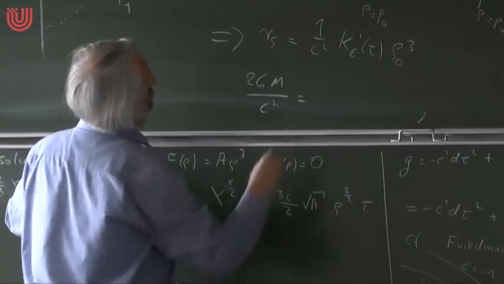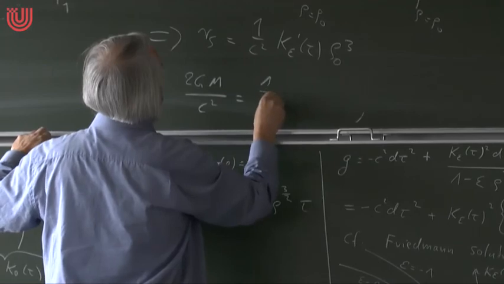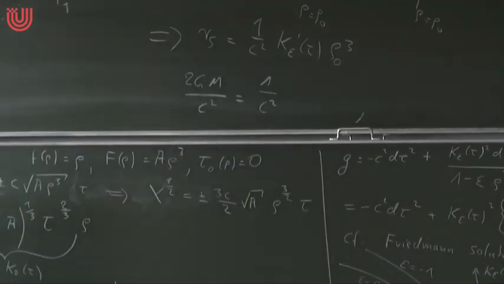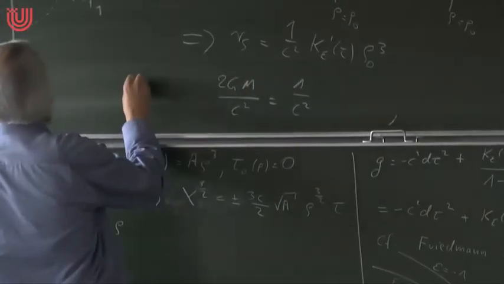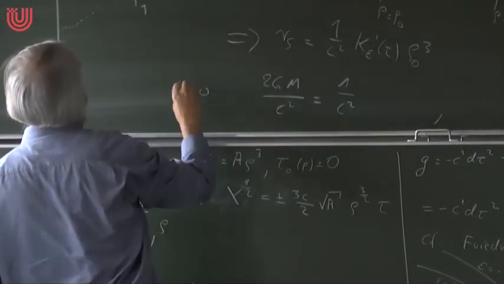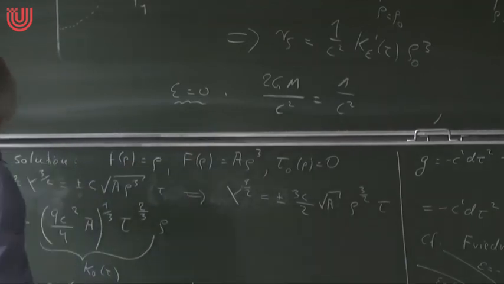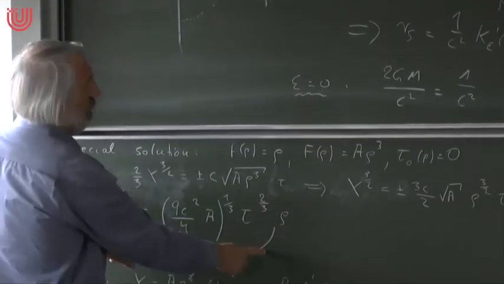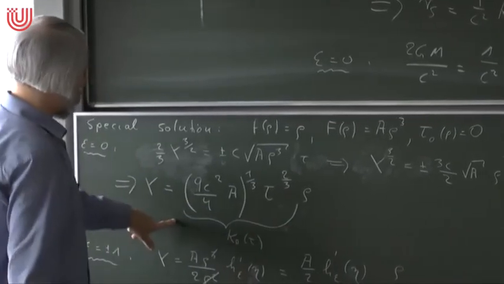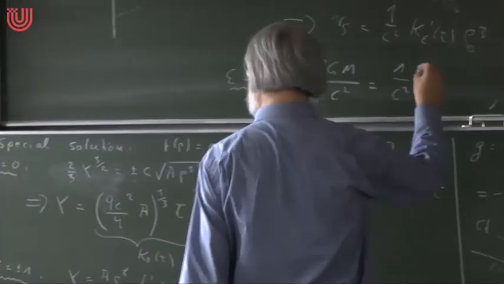we need to know how this is related to the a. Where is the a? I do it for epsilon equals 0 now. That's the case which we have plotted there. So epsilon equals 0, k naught is this here. Can I differentiate this? I hope I can differentiate this.